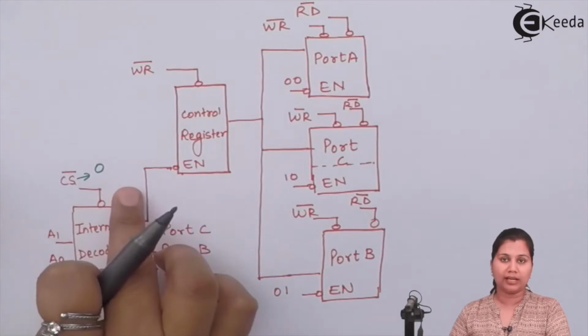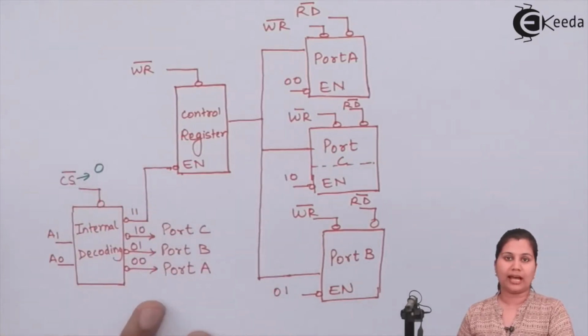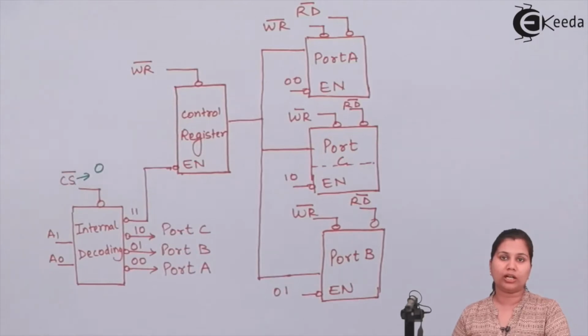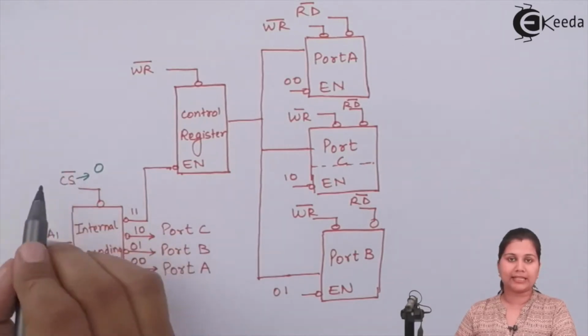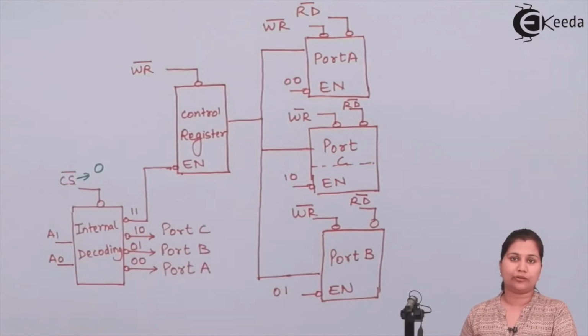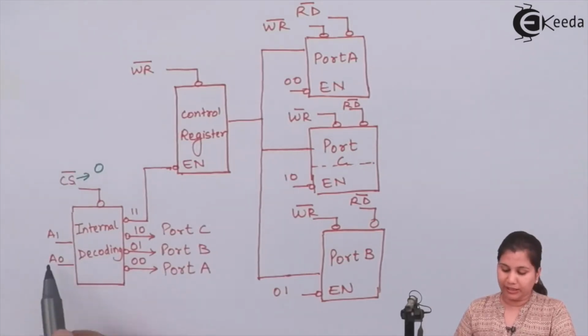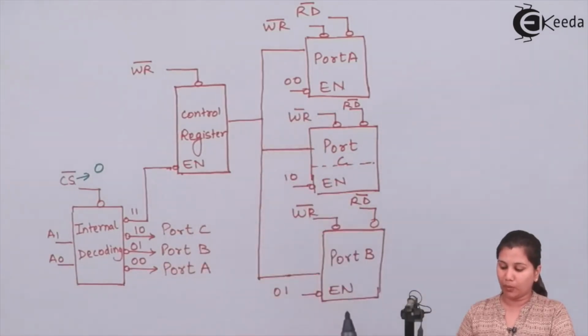If it is 1, then this chip will not be selected, all the ports will act as input ports, and the buses will go into the high impedance state. So only when this chip select signal is low, meaning 0, will the 8255 work.